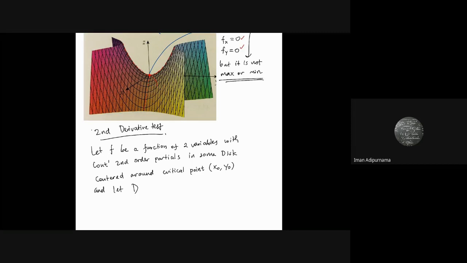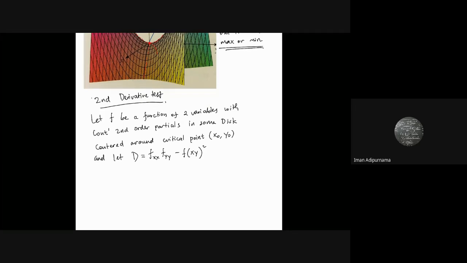So D is defined by partial xx, partial yy minus the partial xy squared. It's a determinant, so it is like AD minus BC, right?